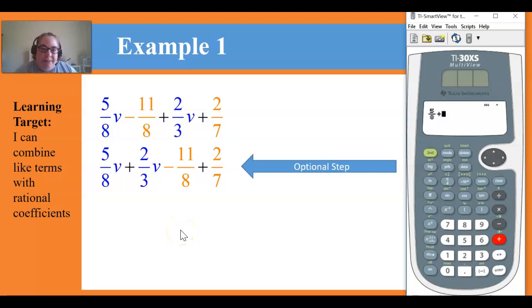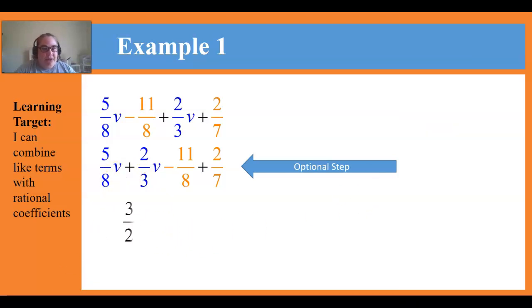Your other option is typing the fraction key first and then typing your numerator, arrow down to the denominator, type your 3, and then as a good habit, always exit out of the fraction. So now that I have 5/8 plus 2/3, I hit enter, and I get 31/24. So when I write that answer down, I want 31/24 v.